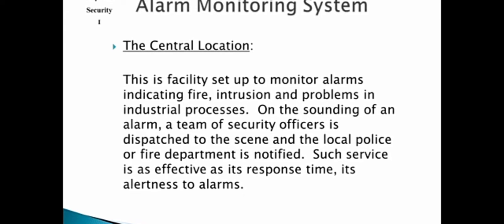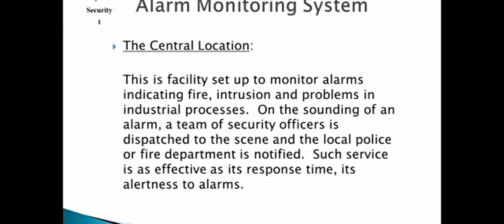The central location. This is a facility set up to monitor alarms indicating fire, intrusion, and problems in the industrial process. And remember, we had that third set of alarms that specialized that looks at manufacturing, and you want to have one central location for the annunciator to go off in, so we can dispatch the appropriate people to that location.